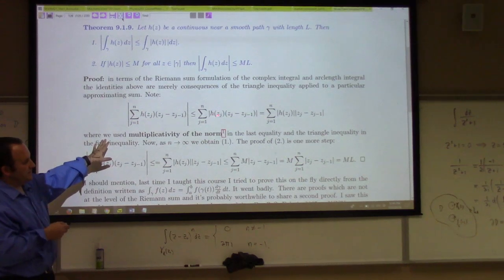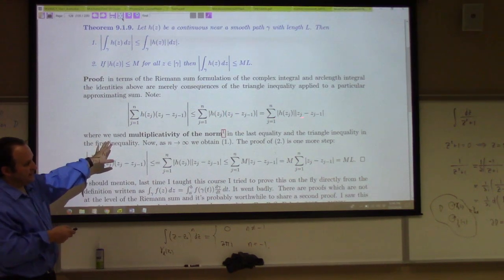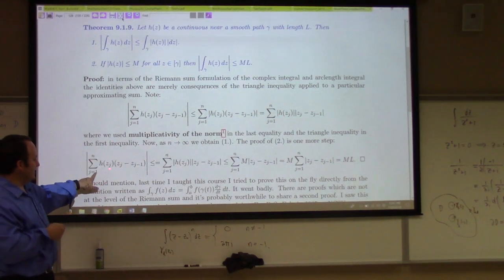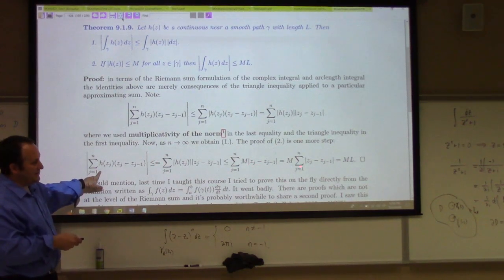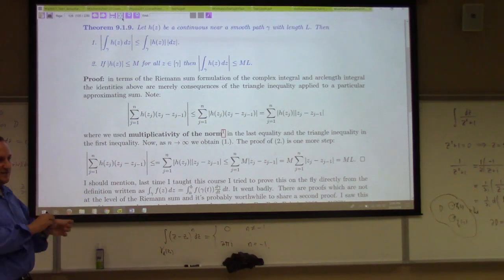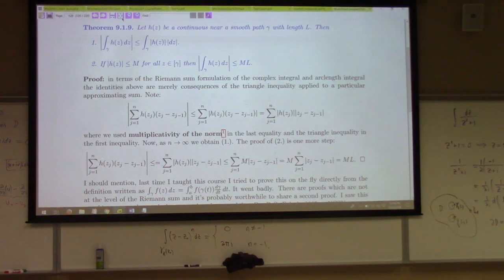So you just have norm of, length of that times length of that. But this is bounded by m, right? So we get this is less than or equal to, oh, typo, sorry about that. Less than or equal to m times that. Pull the m out, what's this? If you take j equals 1 to n of that, well, that's an approximation of the arc length. And in the limit, as n goes to infinity, this becomes the arc length, and that's the proof.